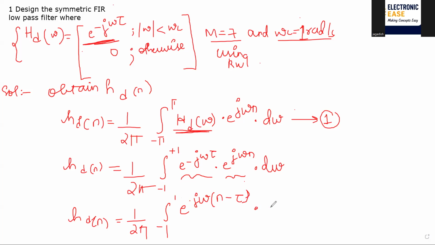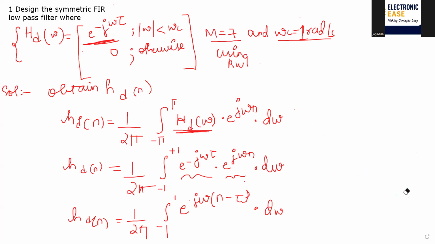So we know the formula for integration of e to the power of ax into dx: it is nothing but e to the power of ax divided by a. If I substitute here, what will be my equation?